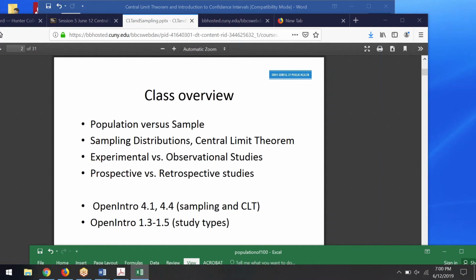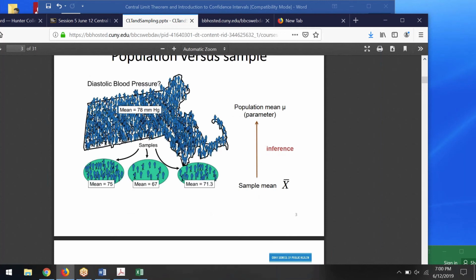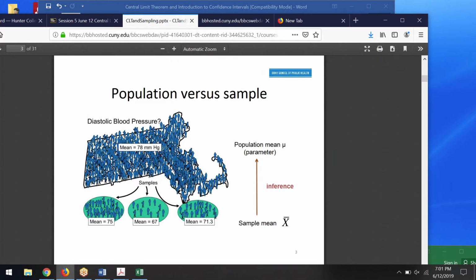We're going to take a look at how we apply this to certain studies. First of all, keep in mind that we're always using samples to infer information about the population. Our sample is a random selection of people from a population.